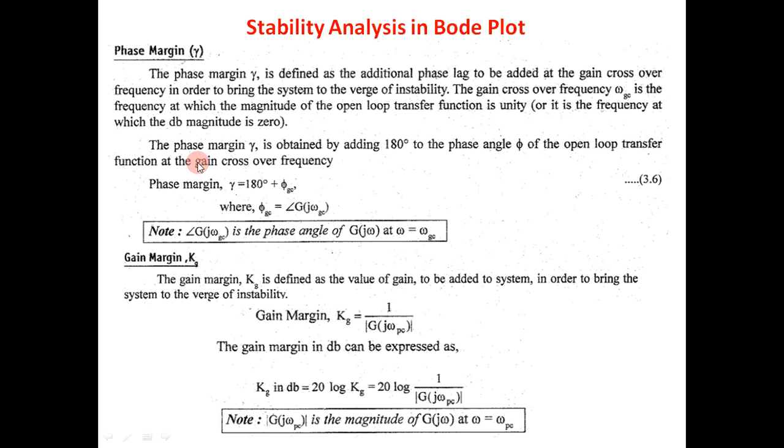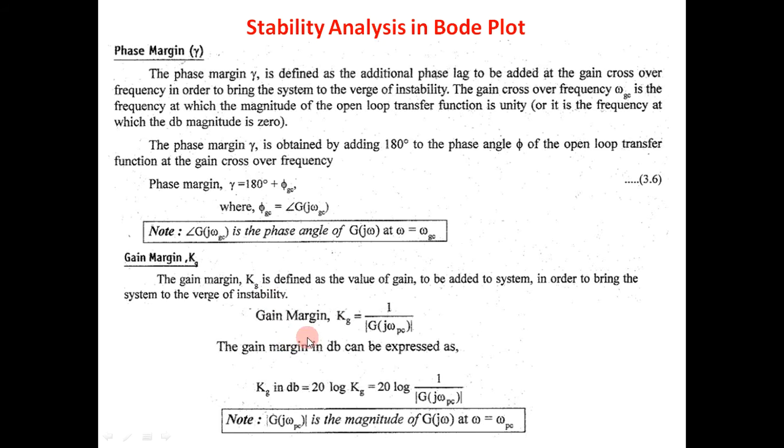The phase margin gamma is obtained by adding 180 degrees to the phase angle phi of the open loop transfer function at the gain crossover frequency. That is, gamma is equal to 180 degrees plus phi gc, where phi gc is nothing but angle G of j omega gc. And in the same way, the gain margin Kg is defined as the value of gain to be added to the system in order to bring the system to the edge of instability.